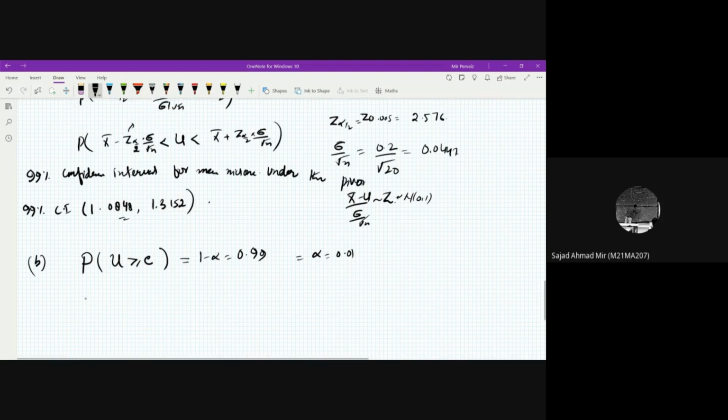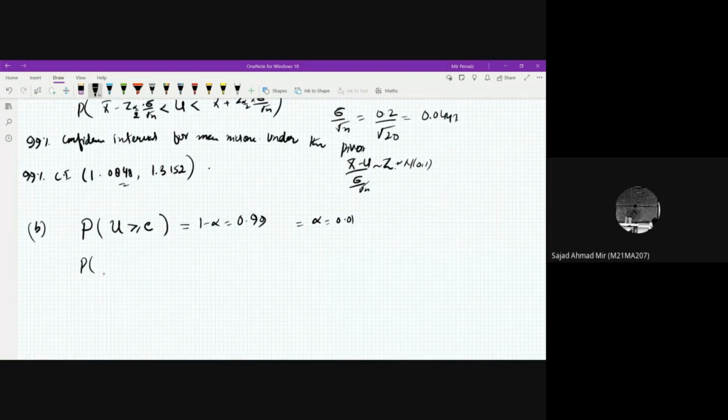So how to proceed for this? I will just do the reverse process here. This will be the probability that x bar, the mean which is already given, x bar minus C, and I will be doing the division also, over sigma by root n, because sigma is already known.